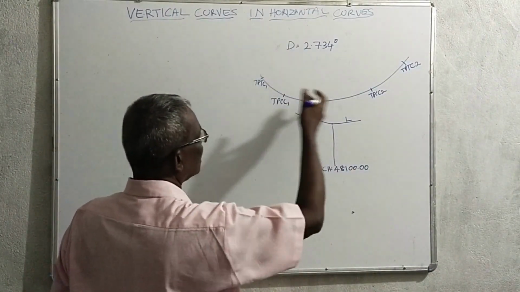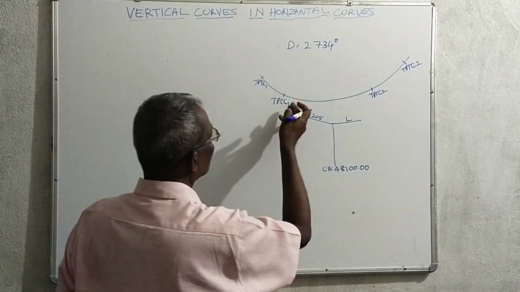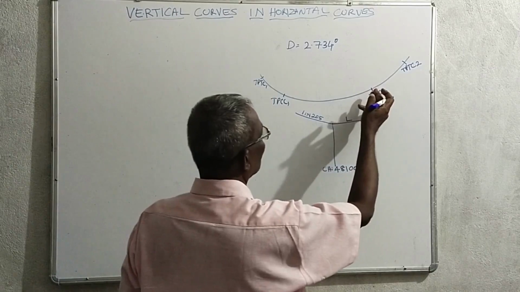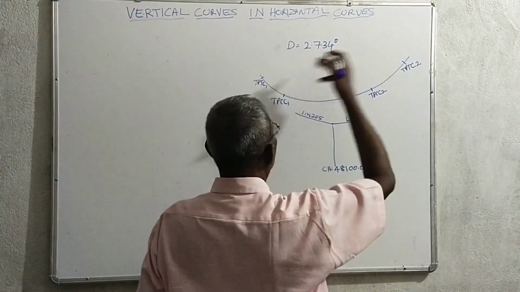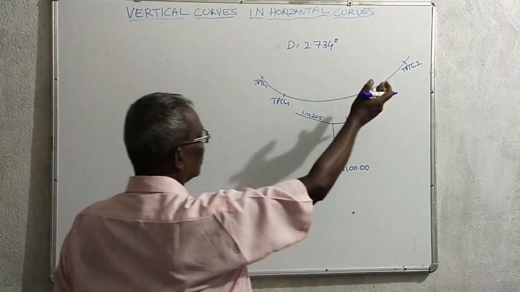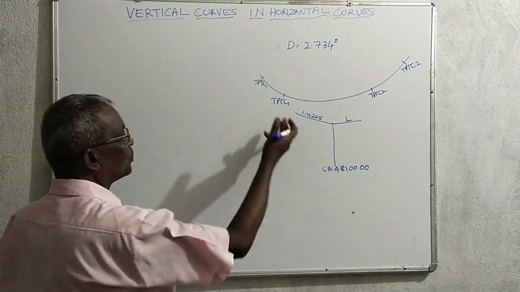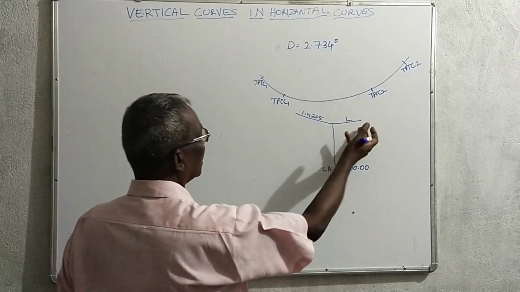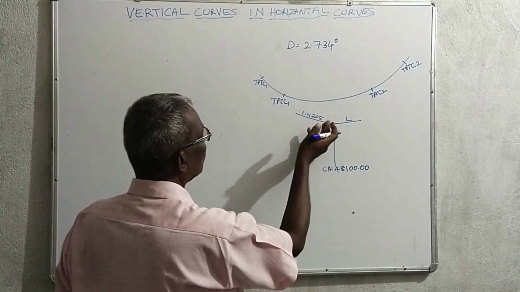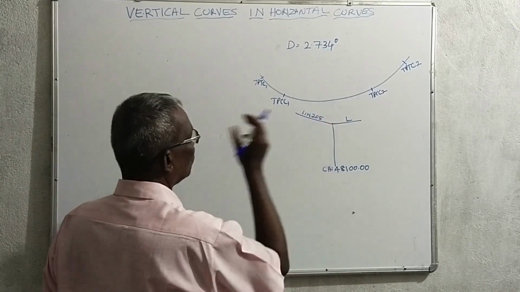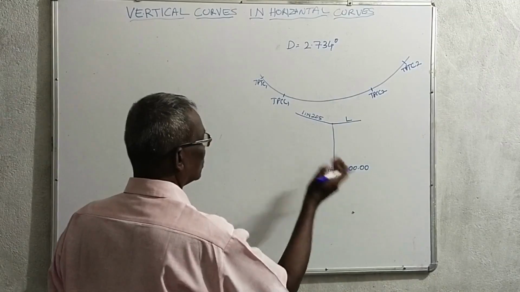This is the degree of the horizontal curve. From here to here it is a transition, from here to here it is a circular curve, and from here to here it is again a transition curve, then straight. In this circular curve, there is the junction of gradient, that is falling gradient and level. Falling gradient is 1 in 205 point something, but I have written only 205. This is level. That chainage is so and so.